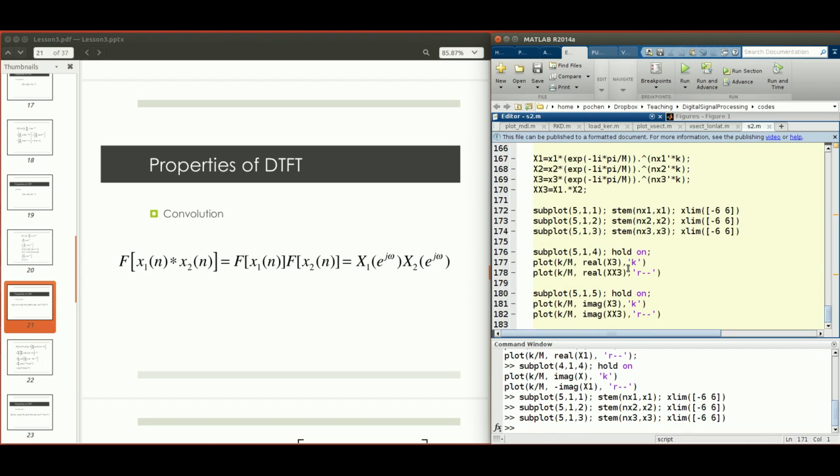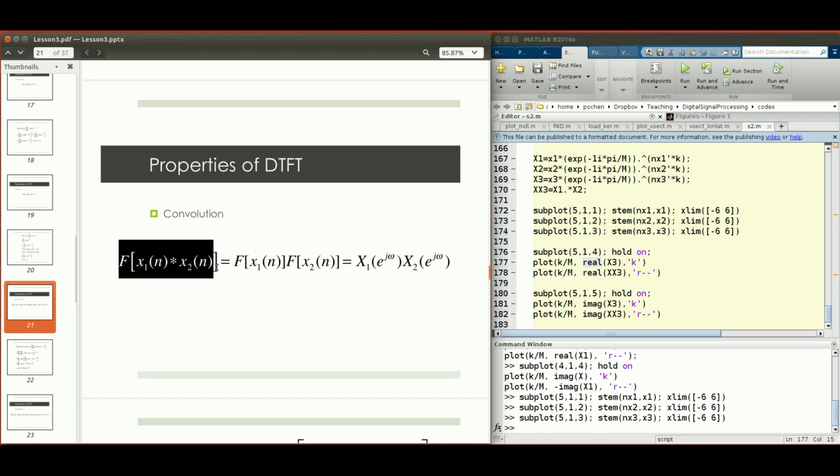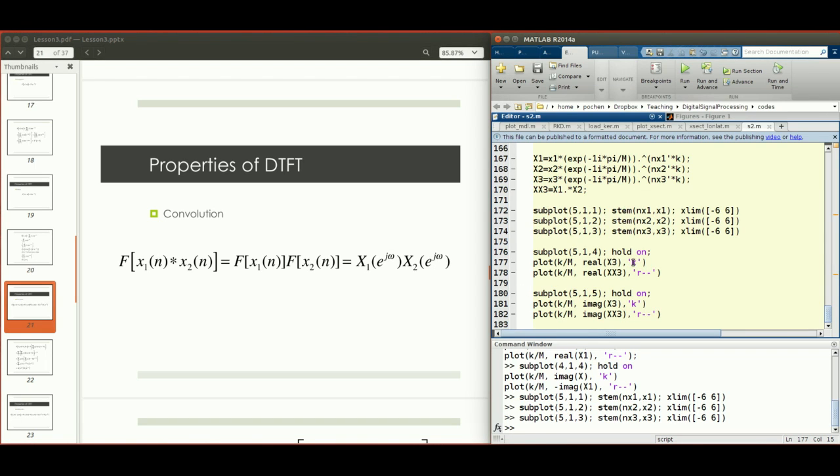So we're going to compare the real part and also the imaginary part. Here I'm comparing the real part. That's the fourth subplot. The horizontal axis is the normalized frequency, going from -1 to positive 1. The real part of X3 is the real part of the left-hand side, plotted in black.